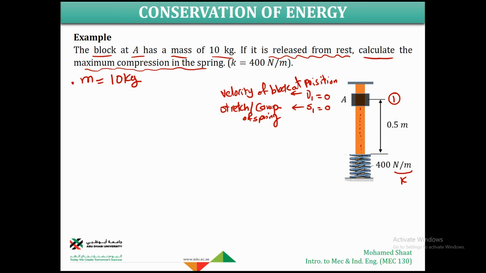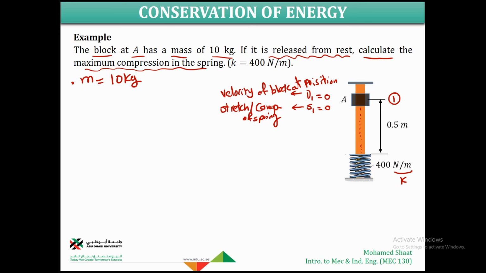Think of this box as a very huge box that you release from a very high distance over this spring. It's gonna keep on pushing the spring down, compressing the spring. Then the spring is gonna push against this box and rebound the box up with a very high speed. Forget about the rebounding motion.